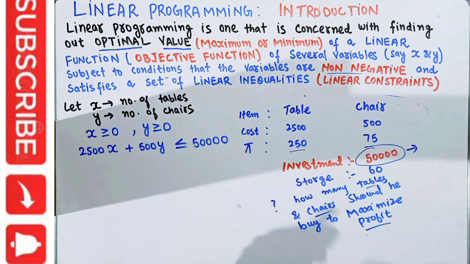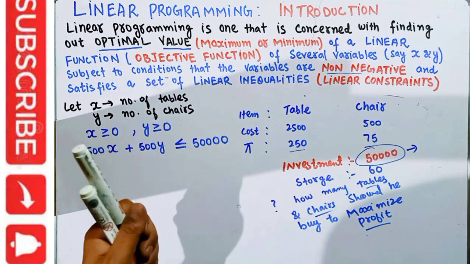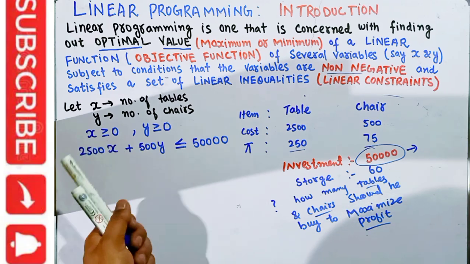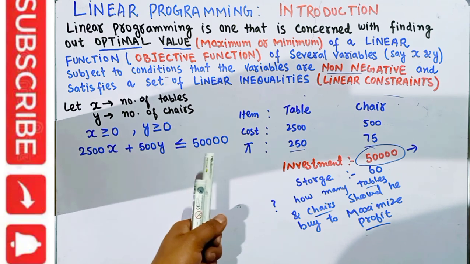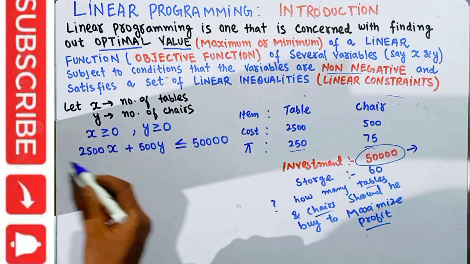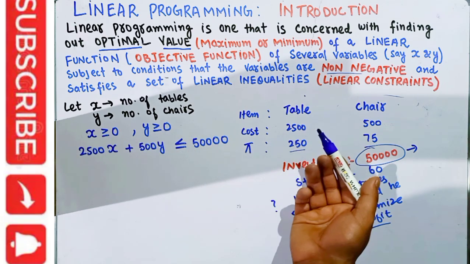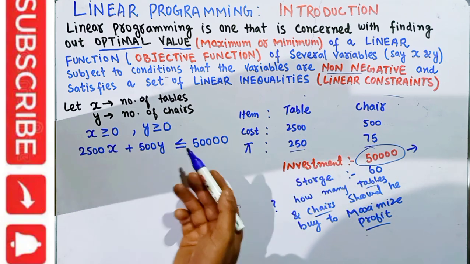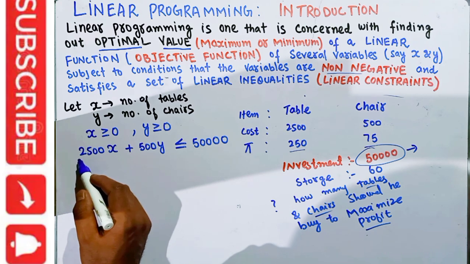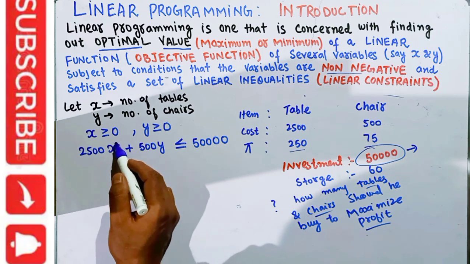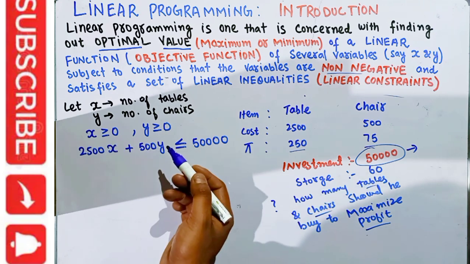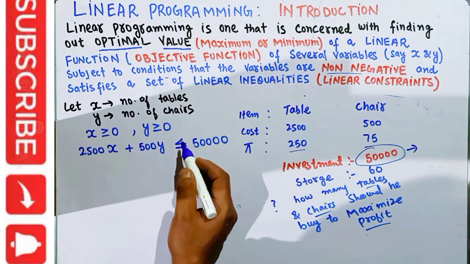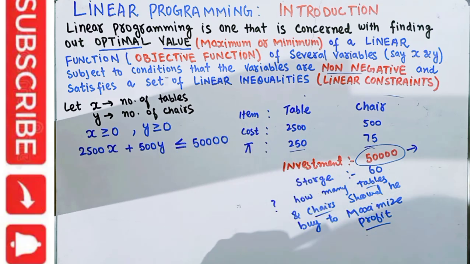At most he can invest $50,000. So this is the investment constraint for this dealer, and the total cost must be less than or equal to the total investment.